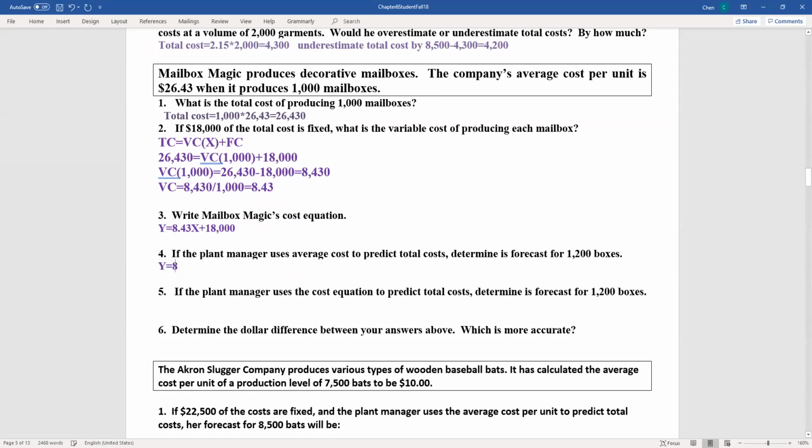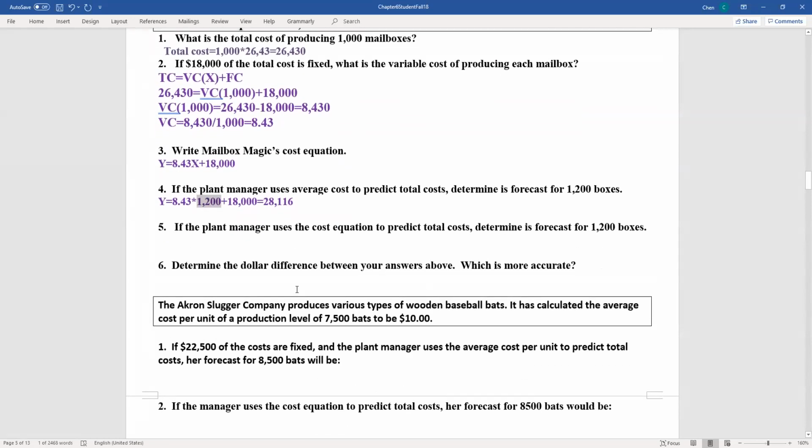So you have 8.43 as variable cost, and then how many are we producing? 1,200, and fixed cost 18,000, and then that gives us 28,116. So once you have the equation and you have x in this problem, you can figure out y. Okay.